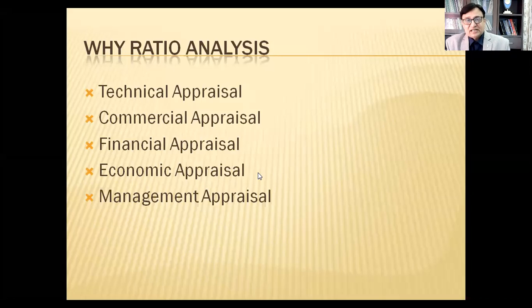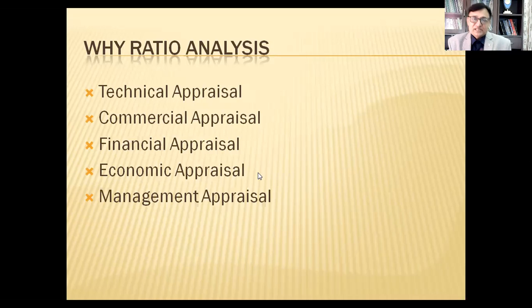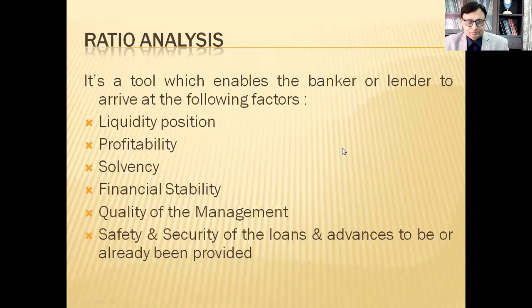The ratios which are calculated for different years are now used for further analysis by the techniques of operation research or other statistical techniques, so that we can arrive at a logical conclusion after technical, commercial, financial, economic, and management appraisal. So ratio analysis helps into that.